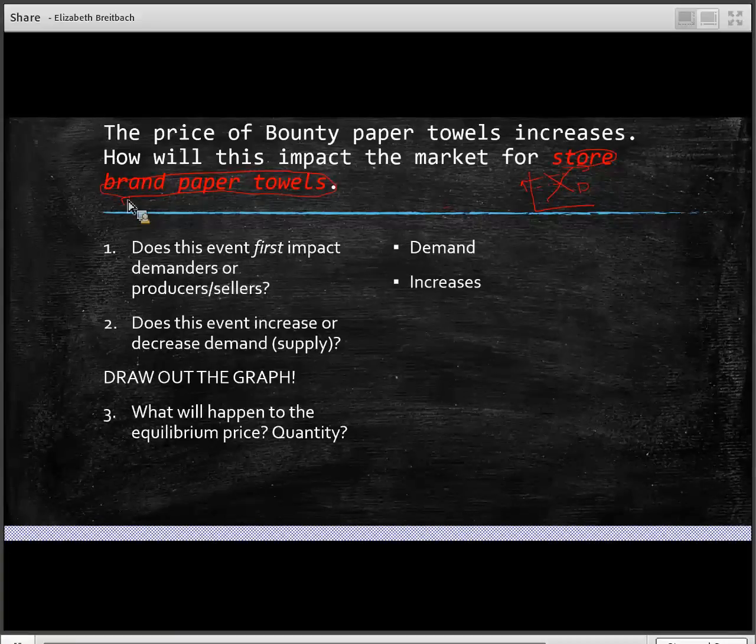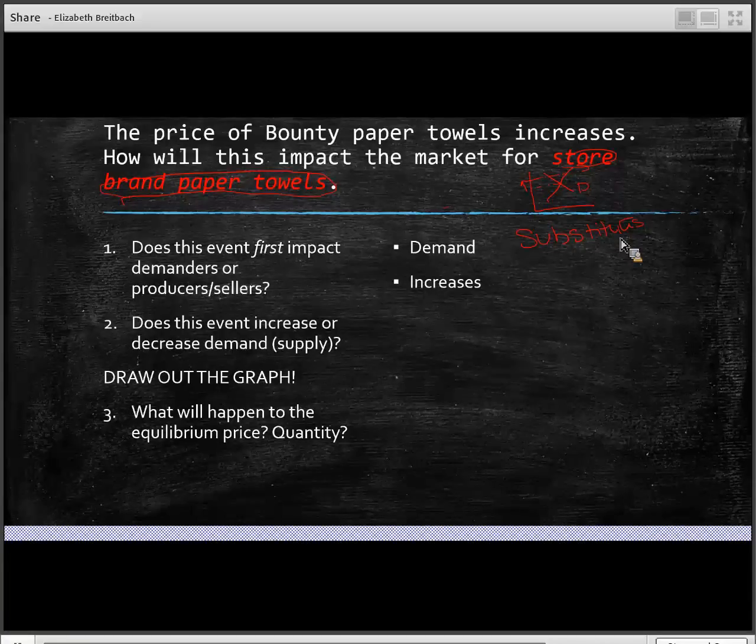And what these are is they're going to be substitute products. Because I don't need to purchase both Bounty paper towels and store brand paper towels. I only need to buy one 4-pack of paper towels. Which one am I going to purchase? If I purchase Bounty, then I don't need the store brand. But as the price of Bounty paper towels increases, it makes those store brand paper towels more attractive.